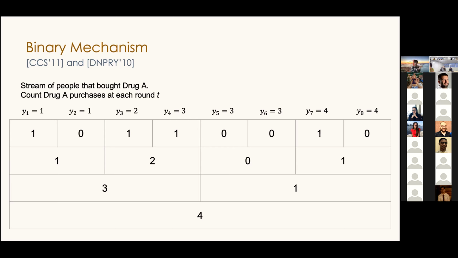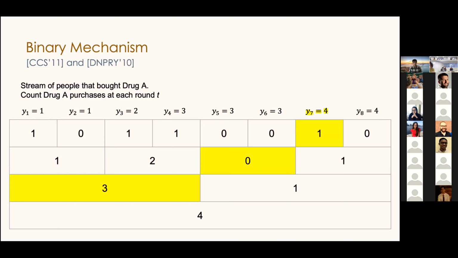So on the second row, the first cell is the sum of the 2 cells above it. The second cell is the sum of the 2 cells above it, and so on. And then the third row is exactly the same way. I sum the 2 cells directly above it, and so on, until I get to the full sum of the stream. So now if I want the sum at any given time, maybe at round 7, I just sum up these bins, right?